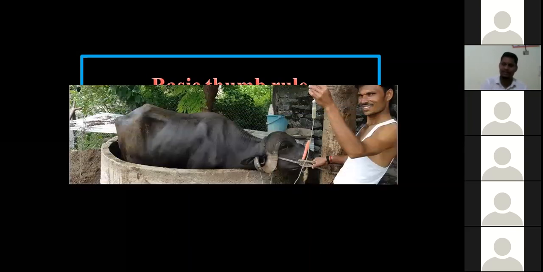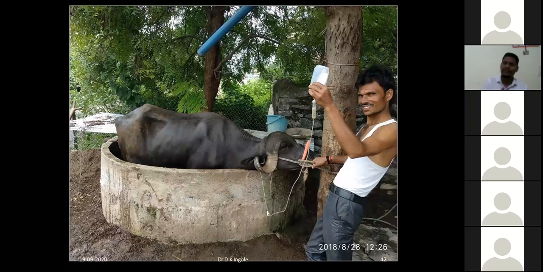For example, this is the buffalo. If you are putting an IV and you want to go home or to your native place that day, so many cases will be there, and we are always in a hurry to finish our work, and at that time the animal will not cooperate. So do it calmly and perfectly to finish your work quickly.